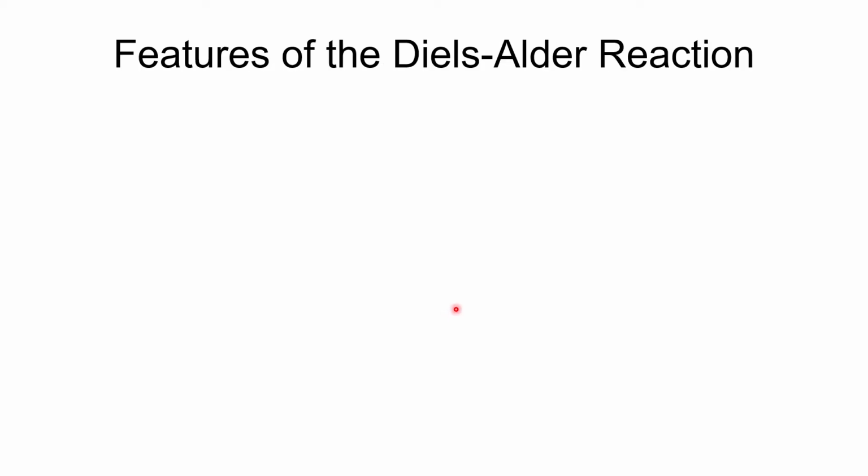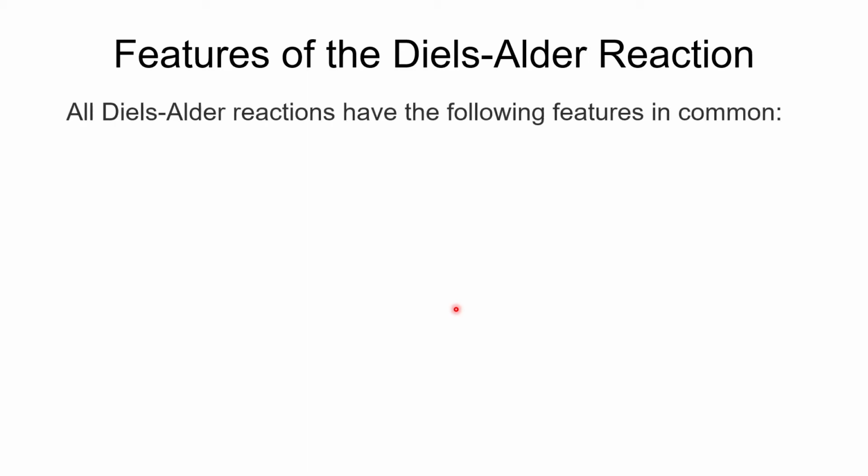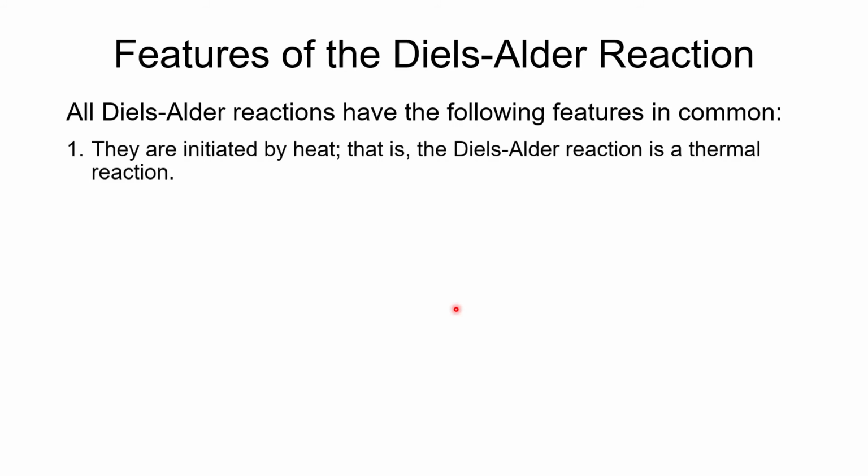So we want to look at a couple of features of the Diels-Alder reaction. What makes it work? Well, first of all, one of the important features is that it's initiated by heat. You have to heat up most of these to make them work. There are a couple that will work at room temperature, but those are the exception rather than the rule.